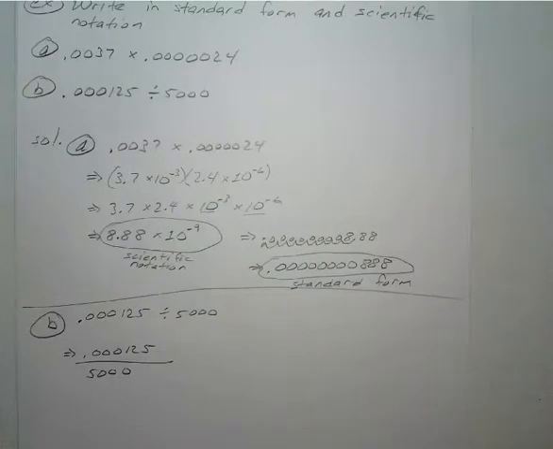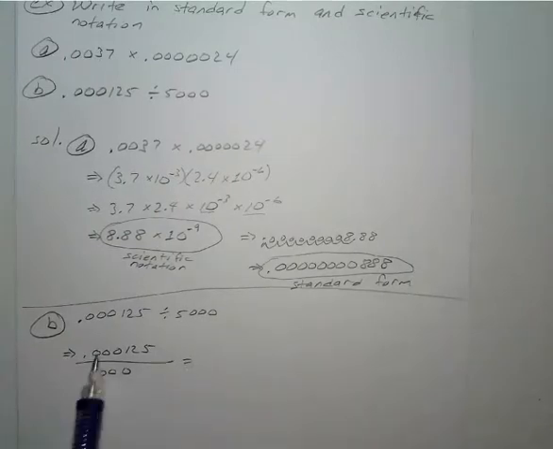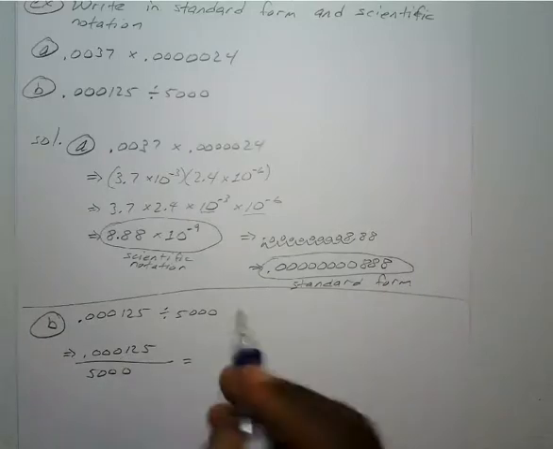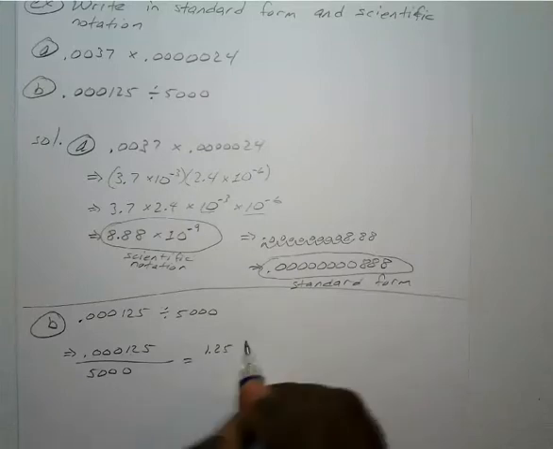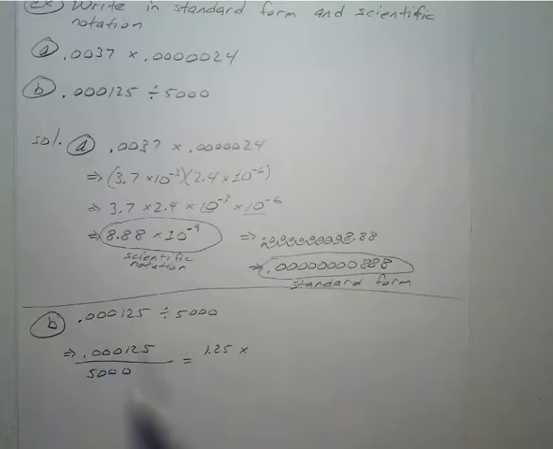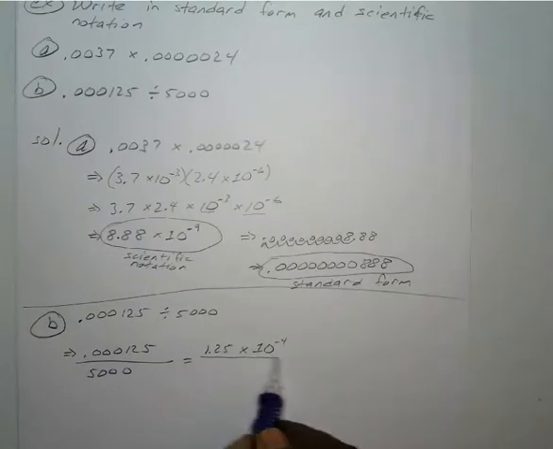Okay, now if we want to convert this to scientific notation, you can go ahead and do that. You're going to move this decimal 1, 2, 3, 4 places to the right. So you have 1.25 times, since the original number is less than 1, your exponent is going to be negative 4.